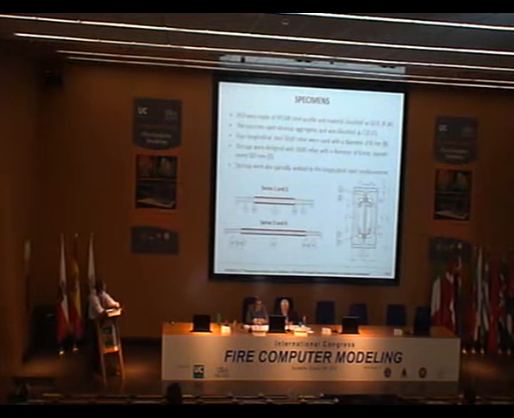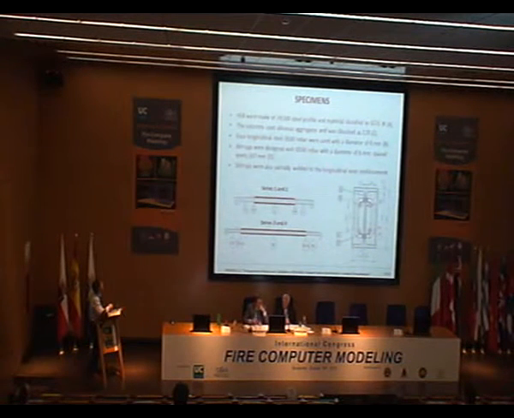Let's talk about the specimen. The IPE100 steel profile is classified according to this number, and the concrete used siliceous aggregates and was classified as C20. We decided to use this kind of cross section, as you can see here: the longitudinal reinforcement, the tubes, profile and concrete.